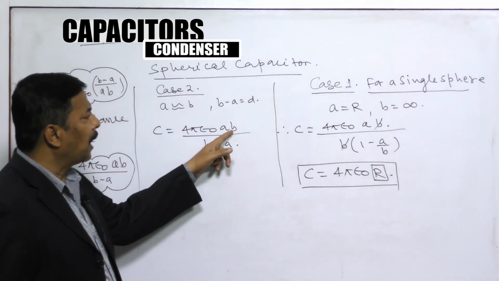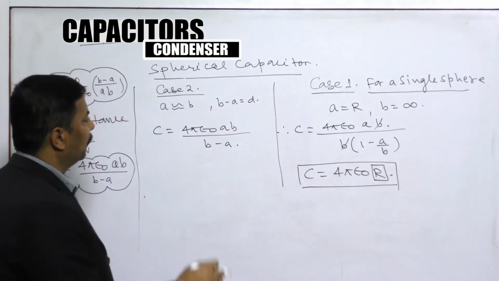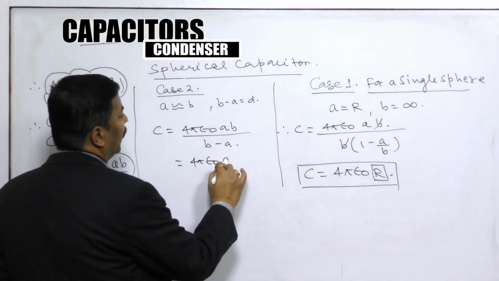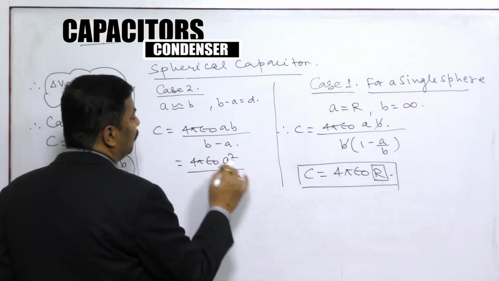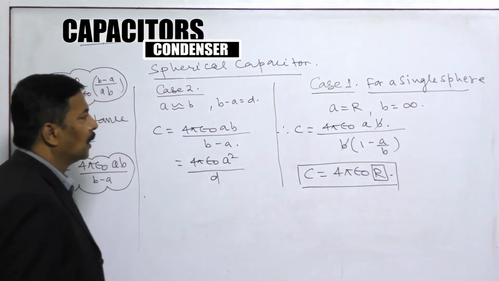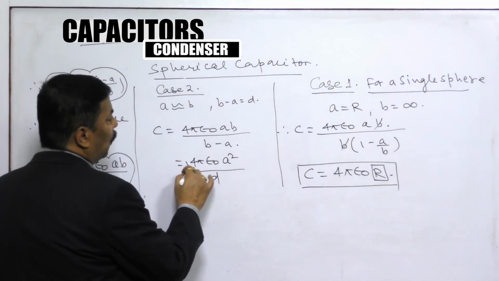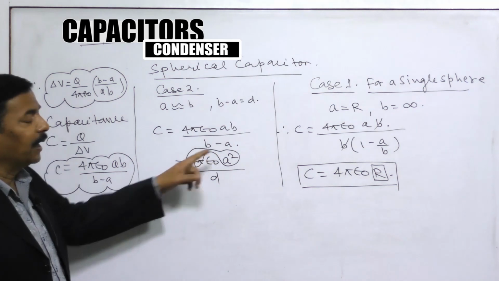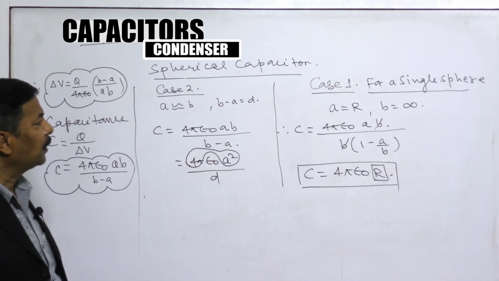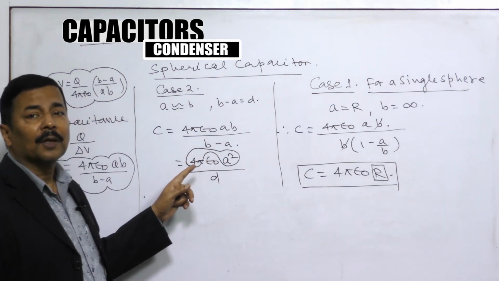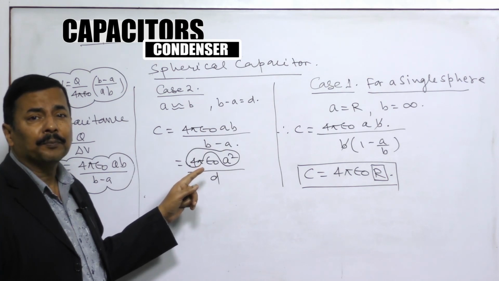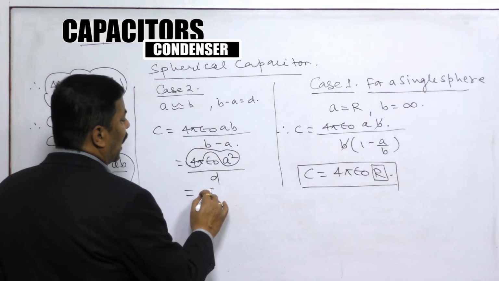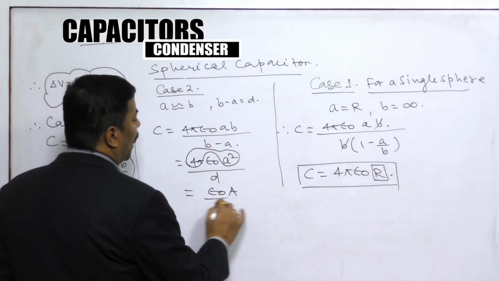I am replacing B by A. So this is giving you 4 pi epsilon naught A square by B minus A, which is D. Now this quantity 4 pi A square is what? A is the radius, so it is the area of a sphere. So it is epsilon naught A by D.